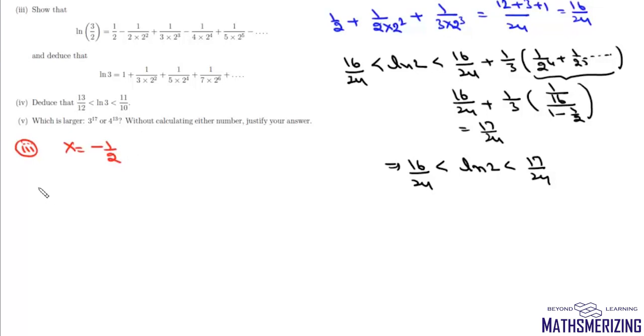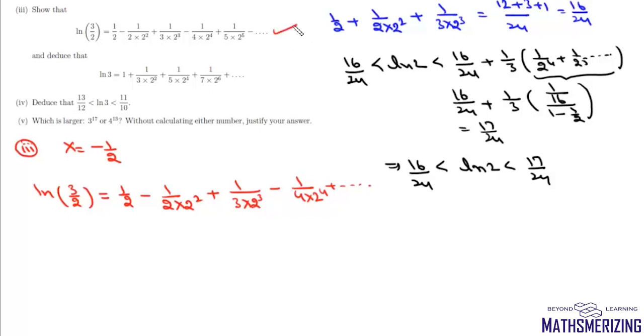So log(1 minus x) will be log 3 by 2, and then it will be 1 by 2 minus 1 by (2 into 2 square) plus 1 by (3 into 2 cube) minus 1 by (4 into 2 to the power 4), so on and so forth. This is what we need to prove in this part, and it says then deduce that log 3 is this value.